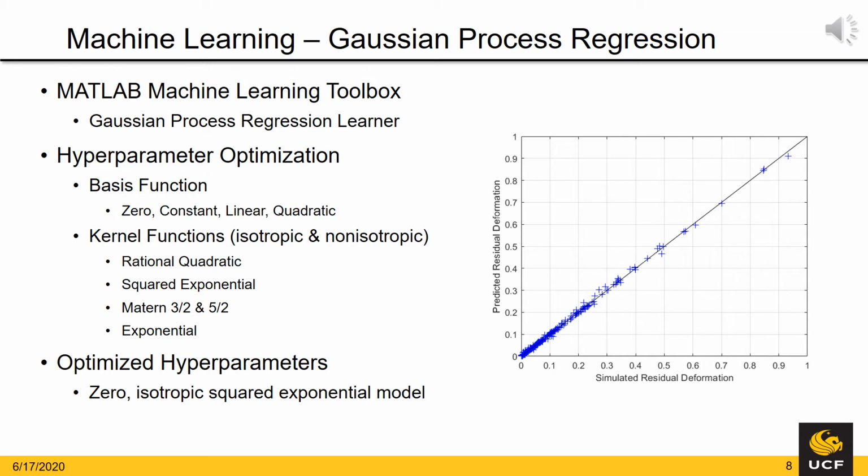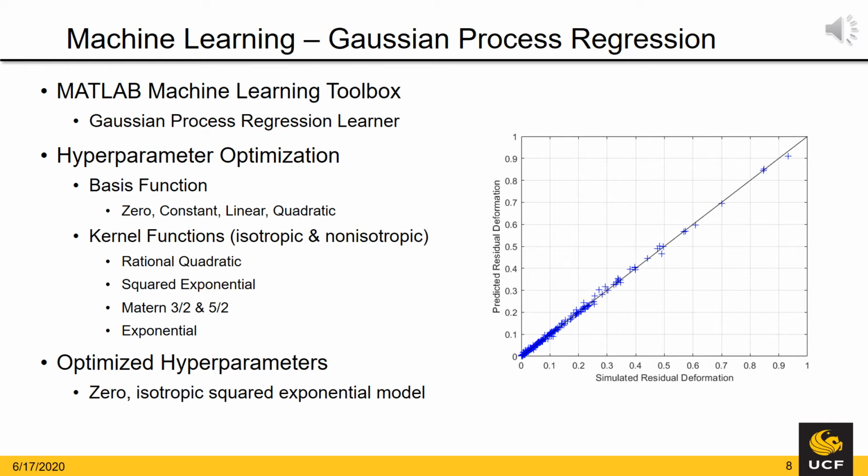Next, we applied Gaussian process regression on the residual deformations extracted from the structural simulation executed at the training points. This was done in the machine learning toolbox by MATLAB. A hyperparameter optimization was carried out to minimize the root mean square error of the resulting surrogate model. The hyperparameter optimization could choose from 4 basis functions, namely a zero, constant, linear, and quadratic basis function.